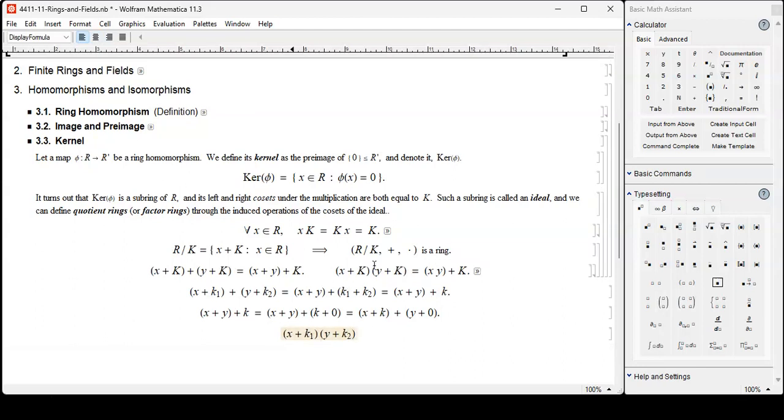An arbitrary element of the left-hand side, that can be xy + xk2 + k1y + k1k2. Did I do this right? With respect to the addition, we have commutativity, but with respect to the multiplication, not necessarily commutative. And then what is this? xy, great.